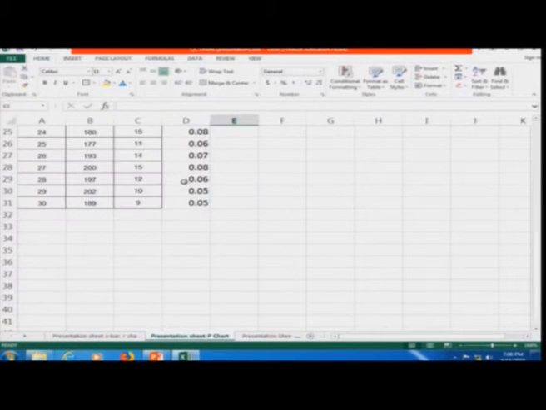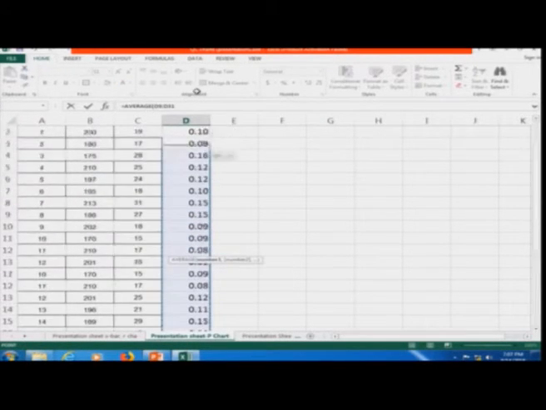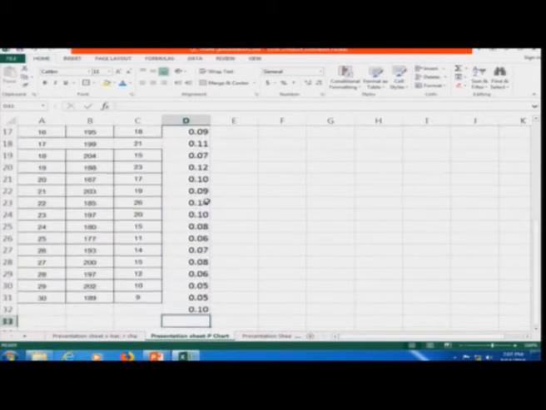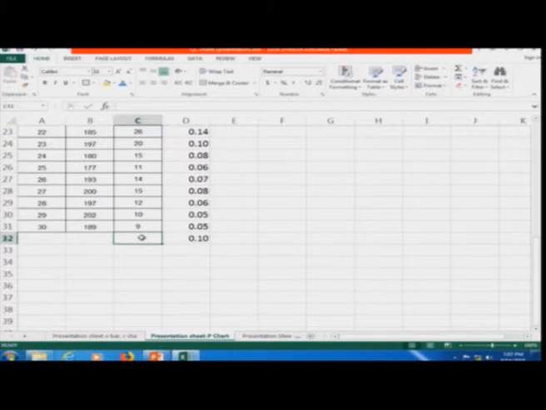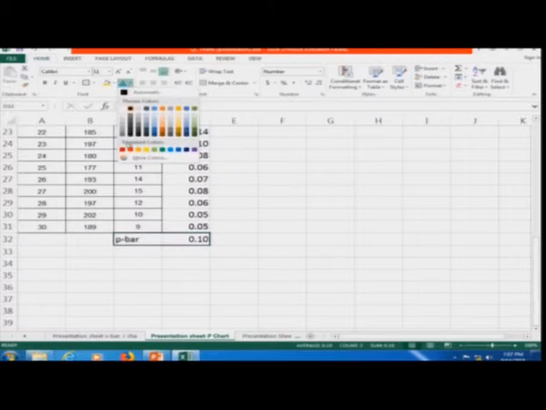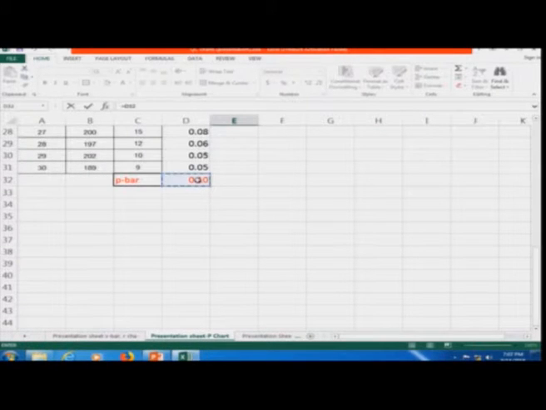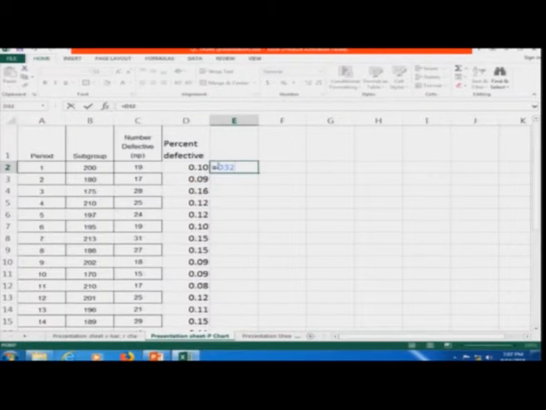This is percent defective, so what is P bar? It is the average of these values, which is equal to 0.1. I will put it here. This is P bar. I will put it in a box and color it red.